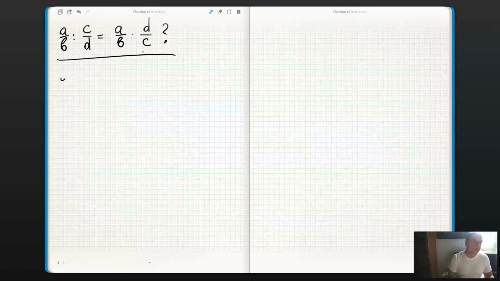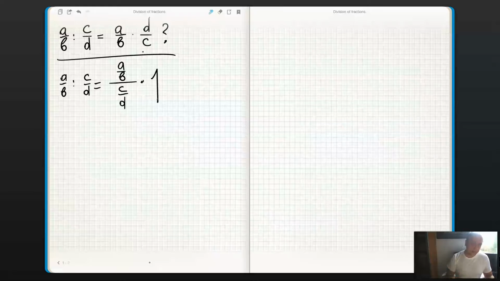All right, let's see. A divided by B divided over C divided by D can be written as A divided by B divided over C divided by D, as you can see right now, and I multiply this fraction times 1, which isn't changing anything.